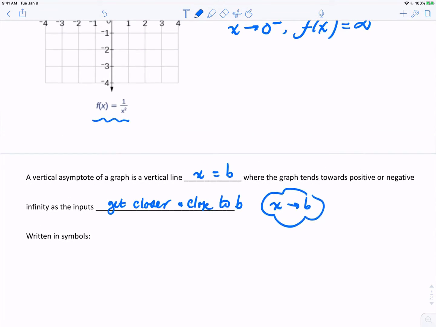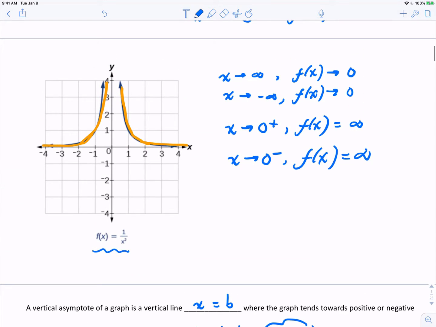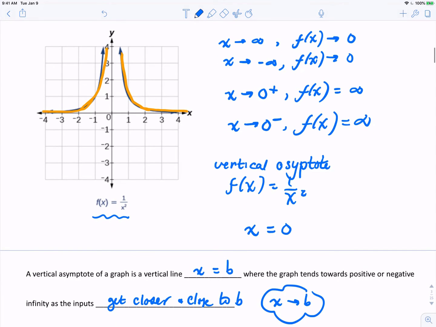So let's take a look here. We would say that the vertical asymptote of the function f of x is equal to 1 over x squared is the line x is equal to 0, because the graph tends towards positive or negative infinity as we get closer and closer to 0.